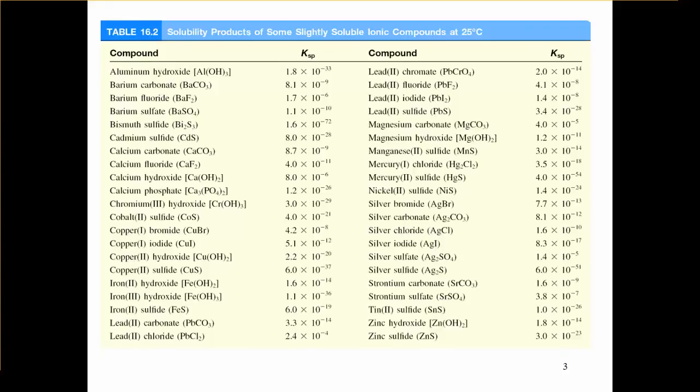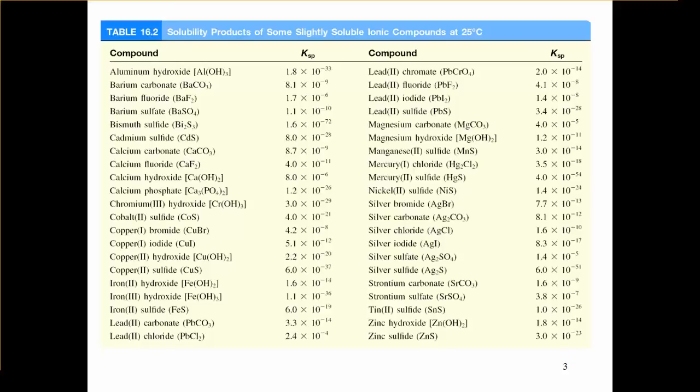Or look at copper sulfide, 6 times 10 to the negative 37. Okay, so this one is not very soluble at all. Hardly any of it would be in solution. So things that would be more soluble would be things like lead chloride.